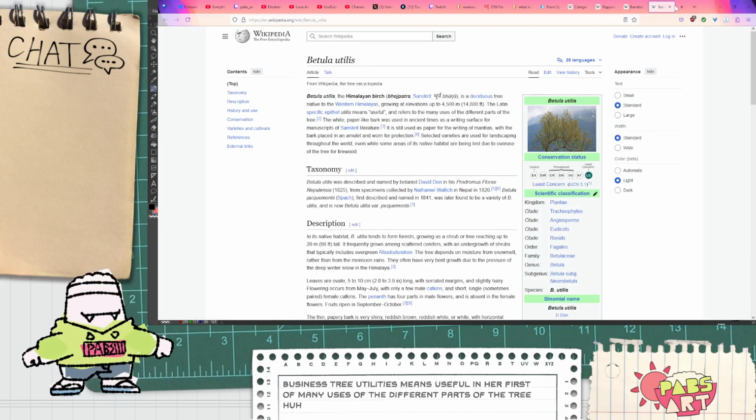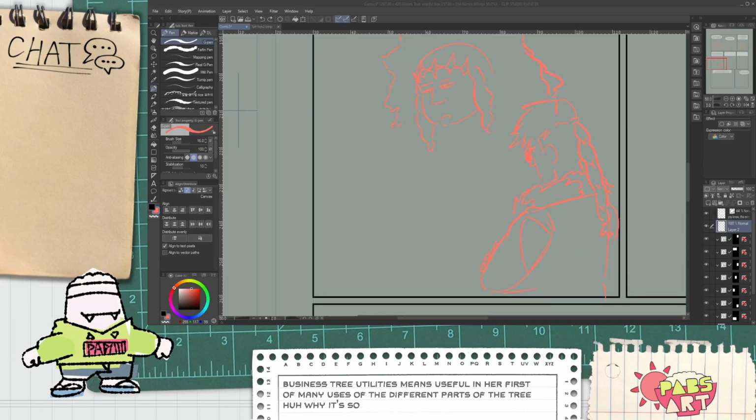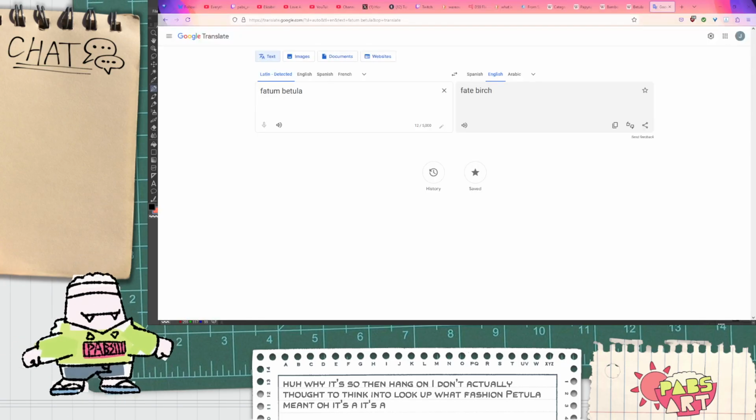Huh. Wait, so then... hang on. I never actually thought to look up what Fatum Betula meant. Oh, it means birch of fate. Or fate birch. Okay.